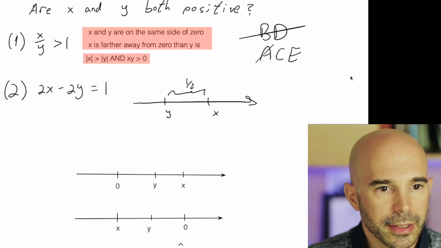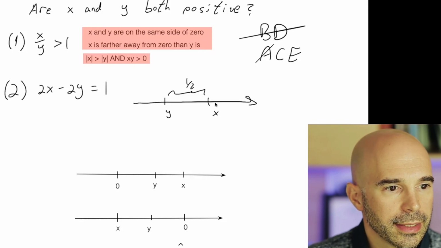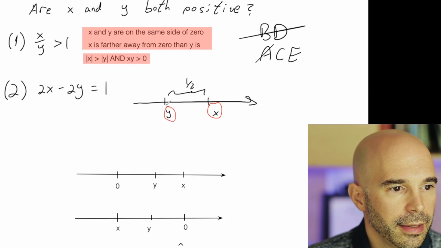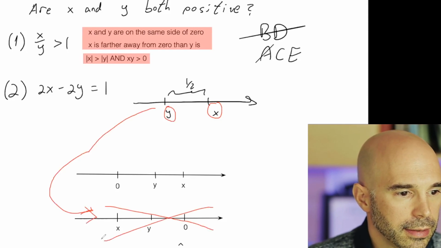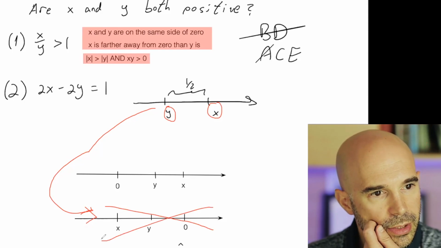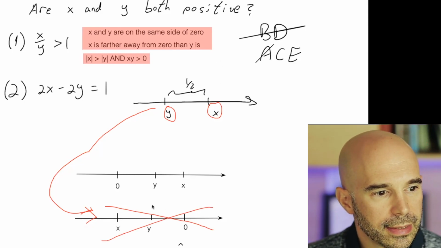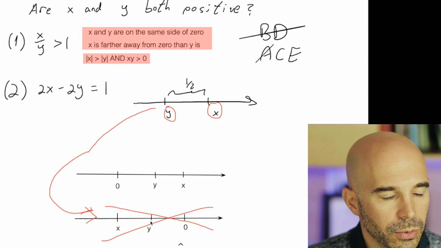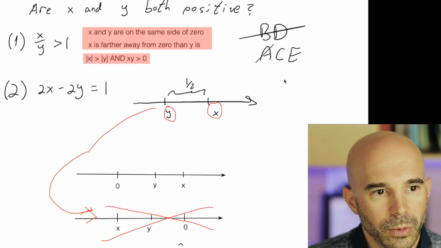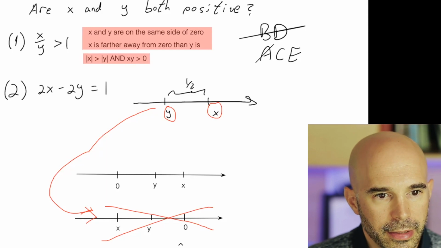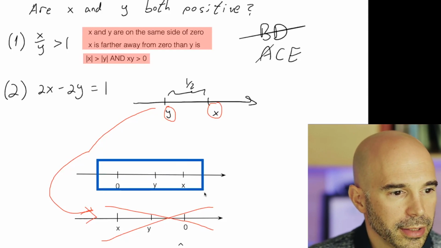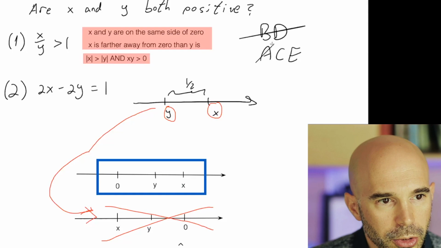It does, because statement 2 tells us that x is to the right of y, and if that's true, then this one is no longer possible. Statement 2 eliminates this possibility from statement 1, leaving us with only one possible visualization, which answers the question with a definite yes. Yes, they're both positive, because this is the only visualization left standing.